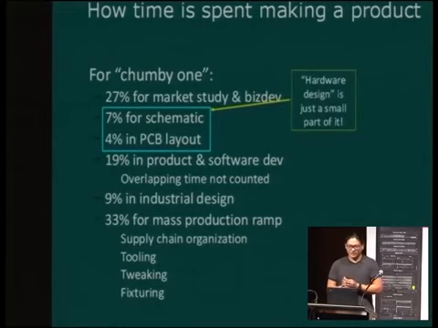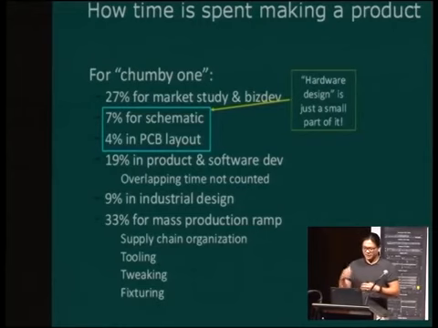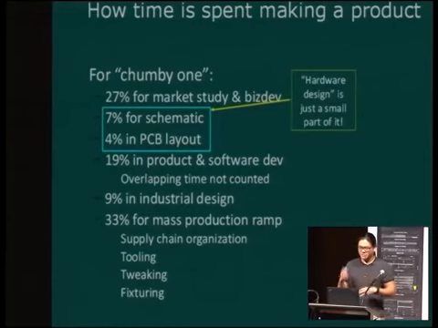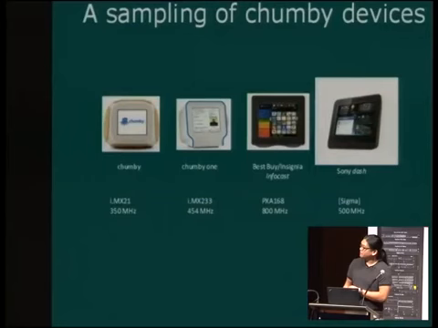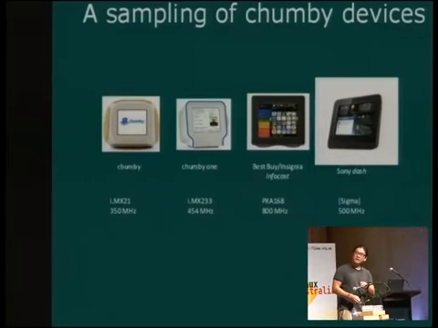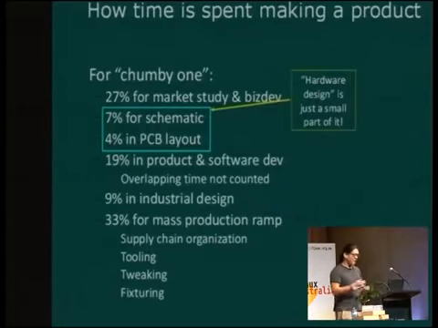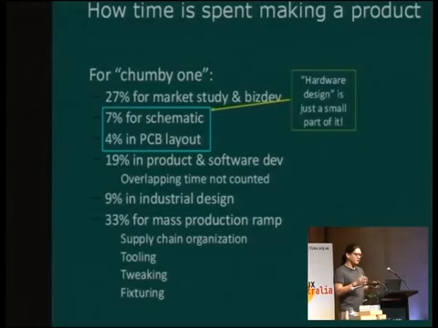Here's a little chart that tells you how much time is spent actually making a product. So for the Chumby 1, that one right there, the little white guy, I went back through my emails and looked at what date the emails were versus the general phase of the product we were in.